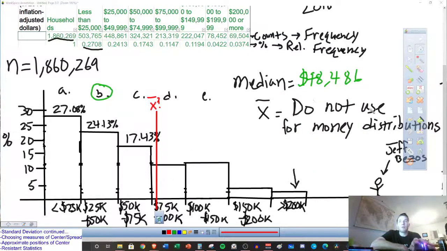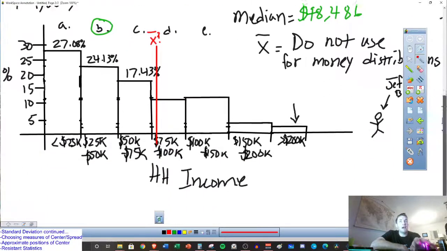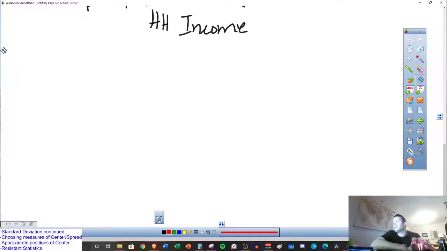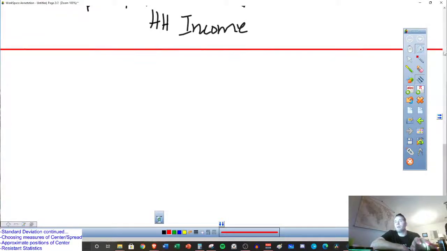Okay, so the reason we don't use X bar is because of outliers. All right, this was a long-winded spill, but I think that it was a worthy example of your attention and time. But we're gonna go ahead and write down some notes.